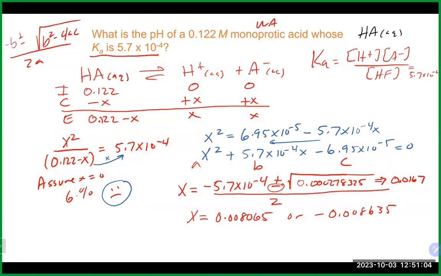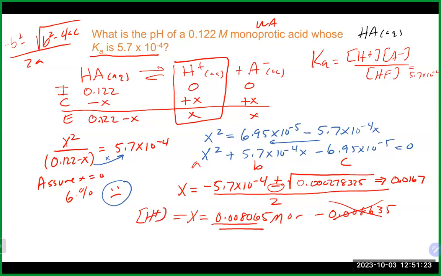At this point, we are obviously interested in our H plus concentration so that we can calculate the pH. So clearly, which one should not work? Yeah, the negative. We can't have a negative concentration. So this should be our correct X value, which means that is also going to be our H plus value from our ice table. As we can see, that is what it equals at equilibrium.